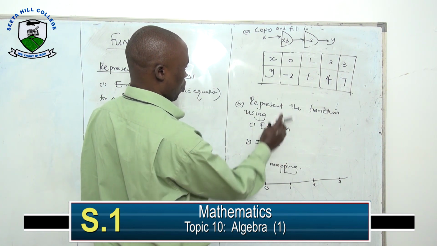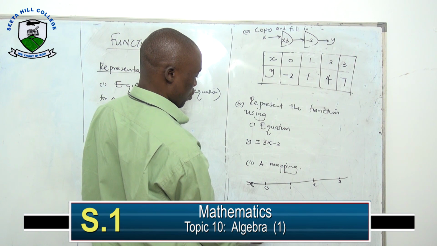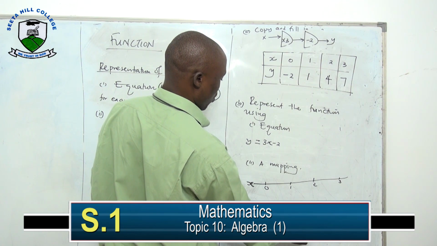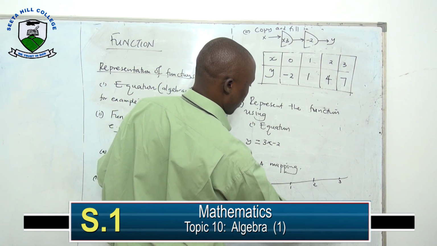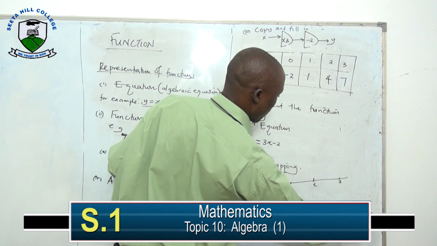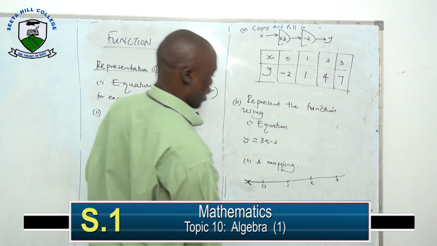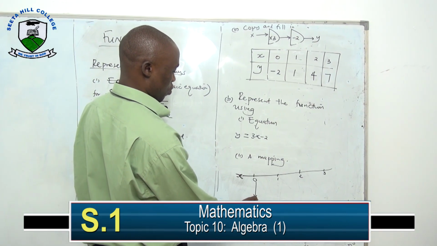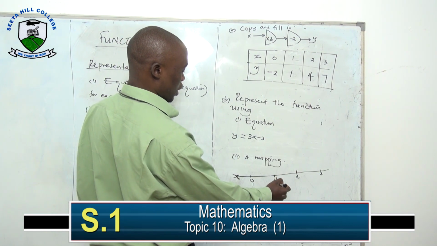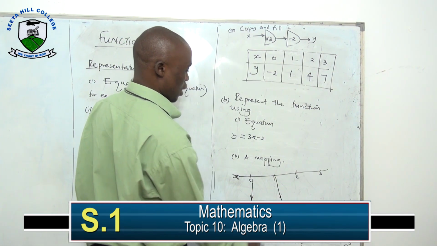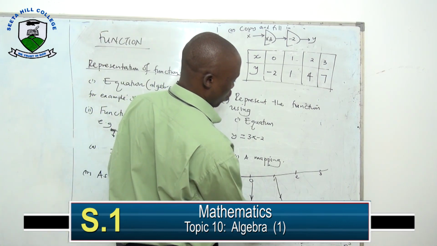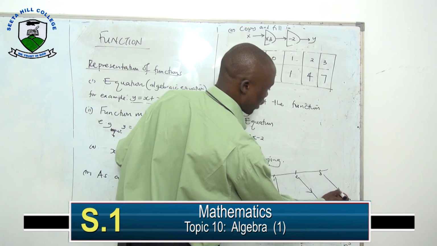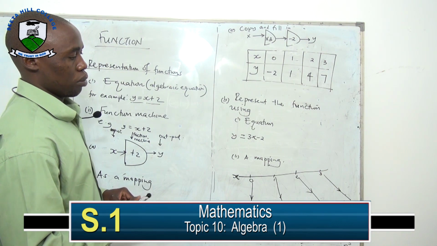Here you can feed in from the negative side: negative 2, negative 1, 0, 1, 2, 3, 4, 5, 6 and 7. I just draw lines: 0 gave us negative 2, 1 gave us 1, draw using straight lines, 2 gave us 4, 3 gave us 7.